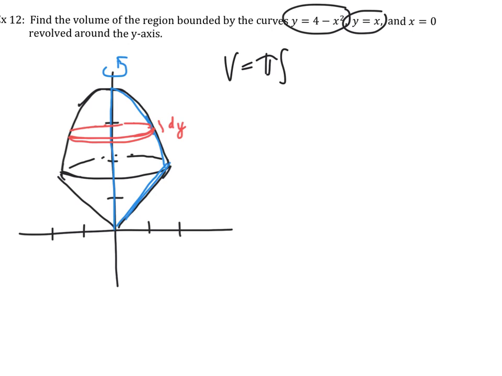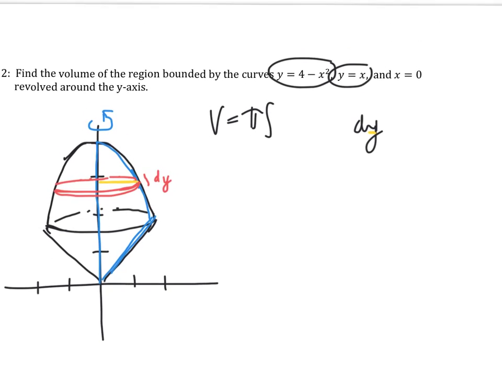But because I'm integrating with respect to y, and I'm going to have a dy here, my x value, and the reason I'm saying x, if you take a look at your picture, is because I'm looking at my radius as the distance from the center out. That's really my x value on my graph. I need my x, but I need to solve for it in terms of y so that it matches my dy here. So I'm going to take a second and go ahead and do that.